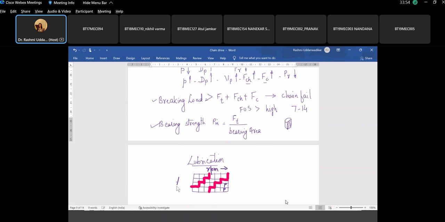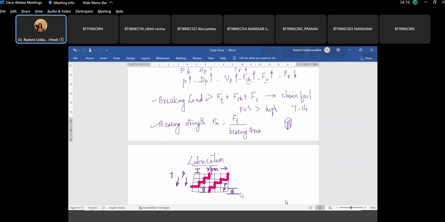The number of teeth and pitch go down as you move vertically downwards. If your power, number of teeth and RPM lie in this range, then you are in class 1 category of lubrication. This is class 2 category of lubrication. And this is class 3 category of lubrication.